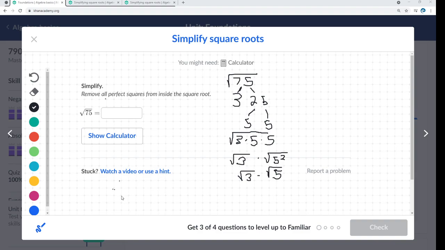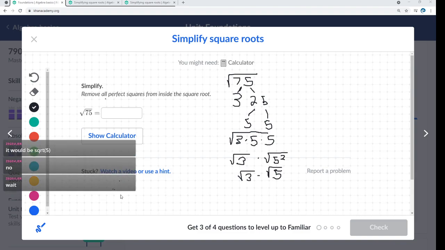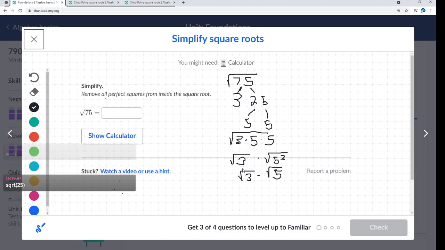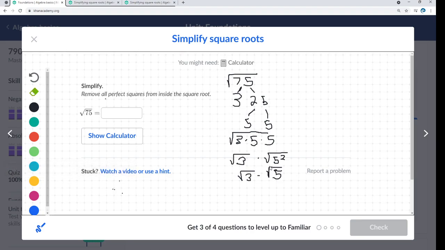Not the square root of 5, just 5. I screwed it up. Oh, yeah, okay, right. I don't need this symbol here because it's just 5, right? As you said, it's just 5.